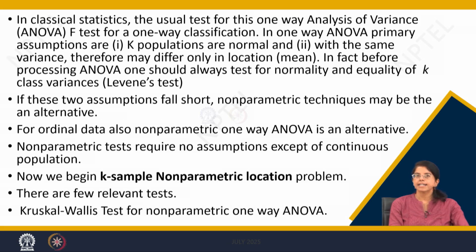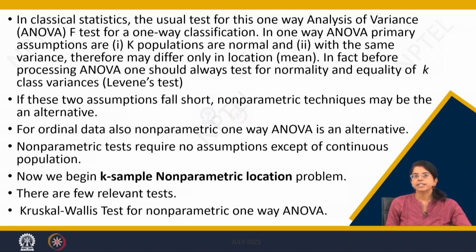In classical statistics, this type of test is generally categorized under the aegis of ANOVA, or analysis of variance, and I am pretty sure that almost all of you are familiar with this name. In ANOVA the test statistic is the F test, but what are the necessary assumptions one has to take while executing ANOVA?